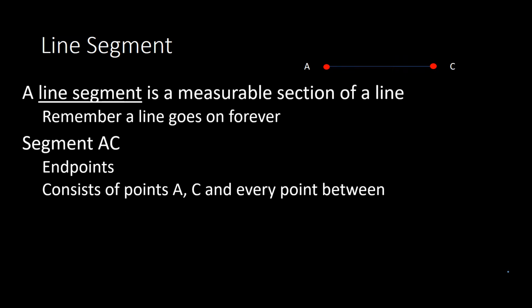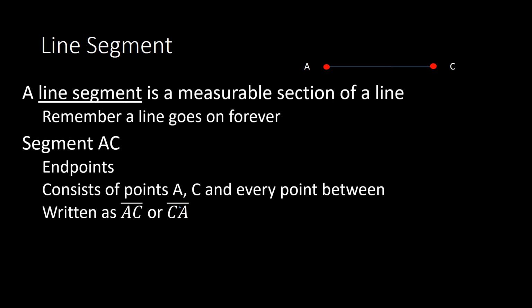So the segment AC would consist of the points A and C, and then every point in between points A and C. And as far as naming them, we use those endpoints, A and C, and we put a segment symbol above it. So we see here, we can write this as AC or CA. Either way, it's the same thing, as long as we have the correct endpoints.